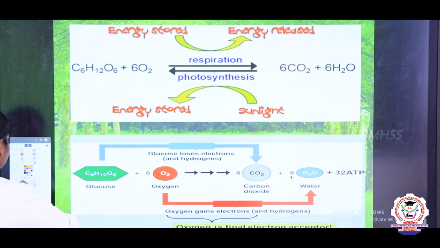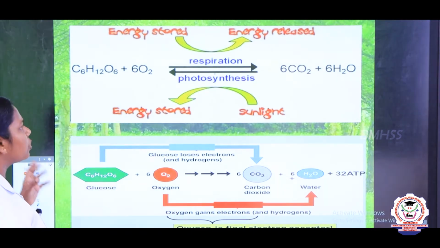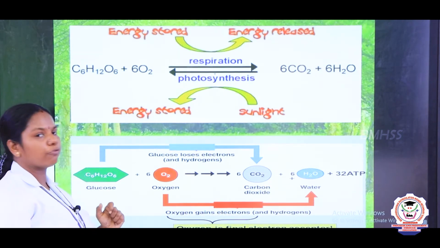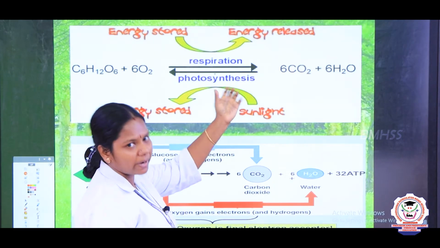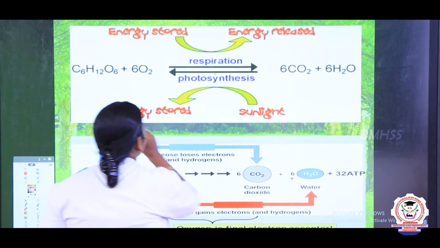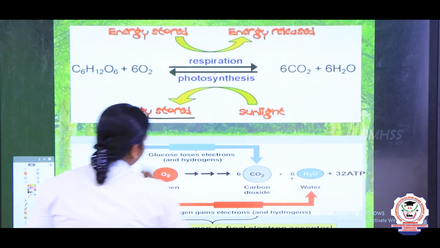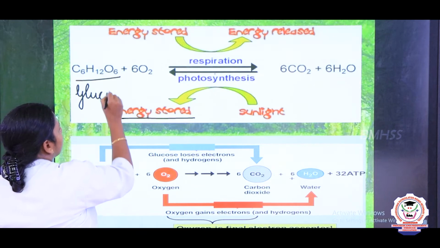And now we are going to see what is the equation for respiration. At the time of photosynthesis, what happens, children? By using sunlight, carbon dioxide, water and chlorophyll, the energy is stored in the form of glucose.